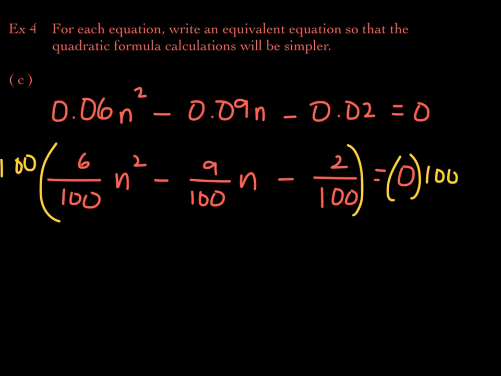In other words, you're just left with these integer values. So the equivalent equation would be 6n squared minus 9n minus 2 is equal to 0. So instead of plugging in these decimals, and it'd be quite challenging to do the calculations, we can plug in the numbers 6, -9, and -2.